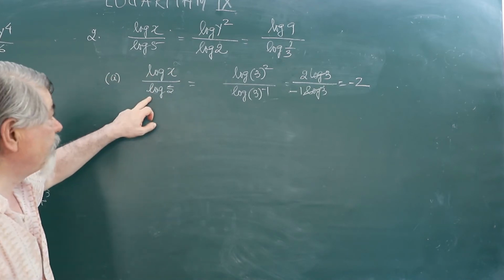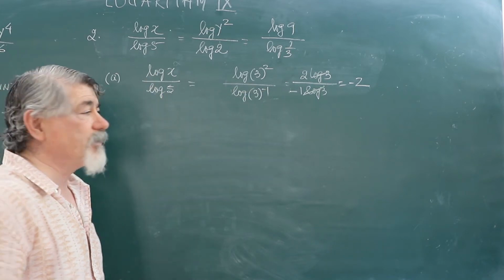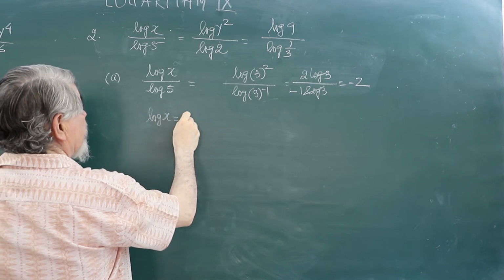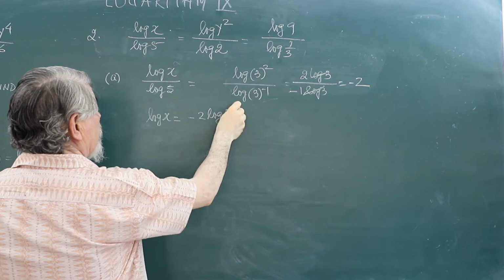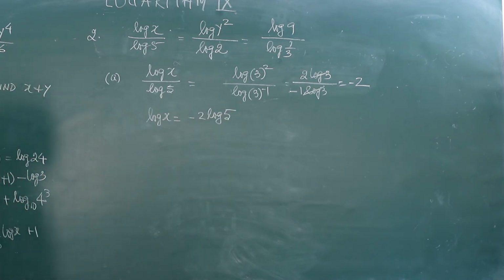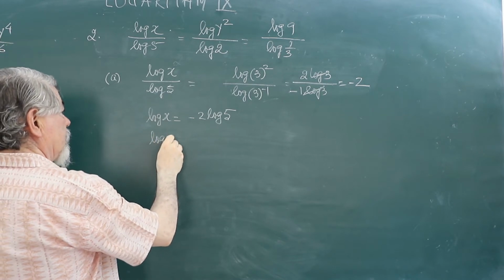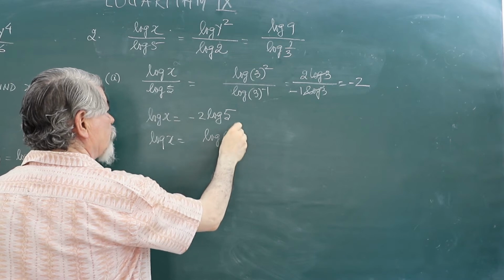So log x upon log 5 is equal to minus 2. Or log x will be equal to minus 2 log 5. So log x will be equal to log 5 to the power minus 2.